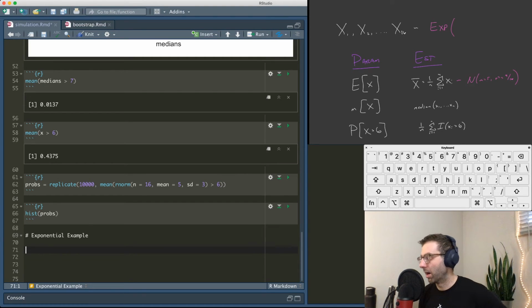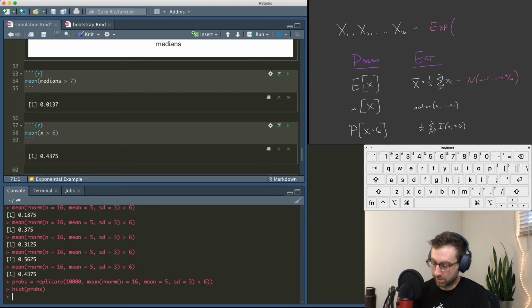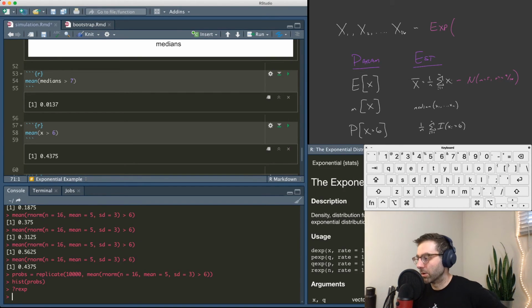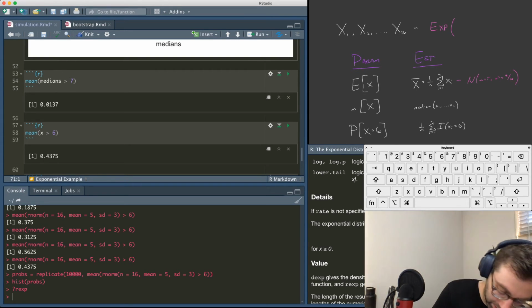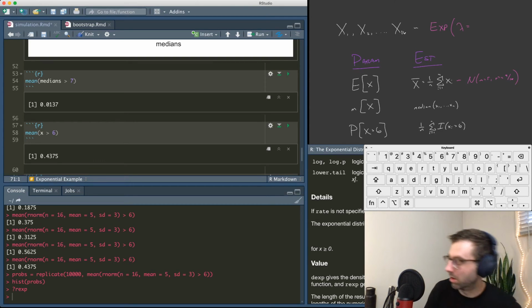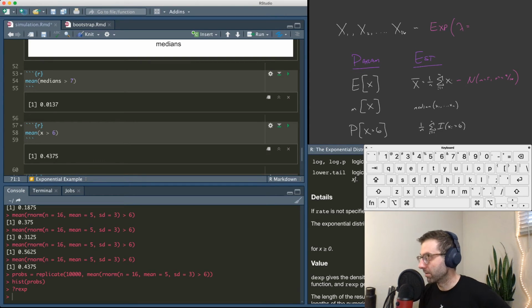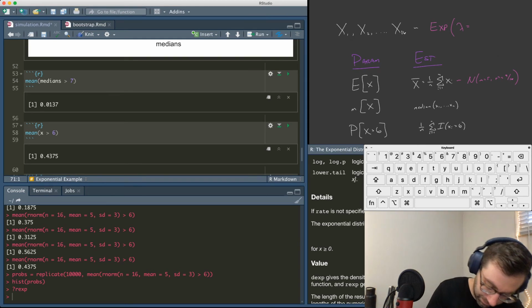Hold on a second. First of all, let's look at the exponential in R. They use this rate parameter here, so the mean is going to be 1 over that. We'll do exponential with a lambda of, let's say, 0.5. I think that'd give us a mean of 2.